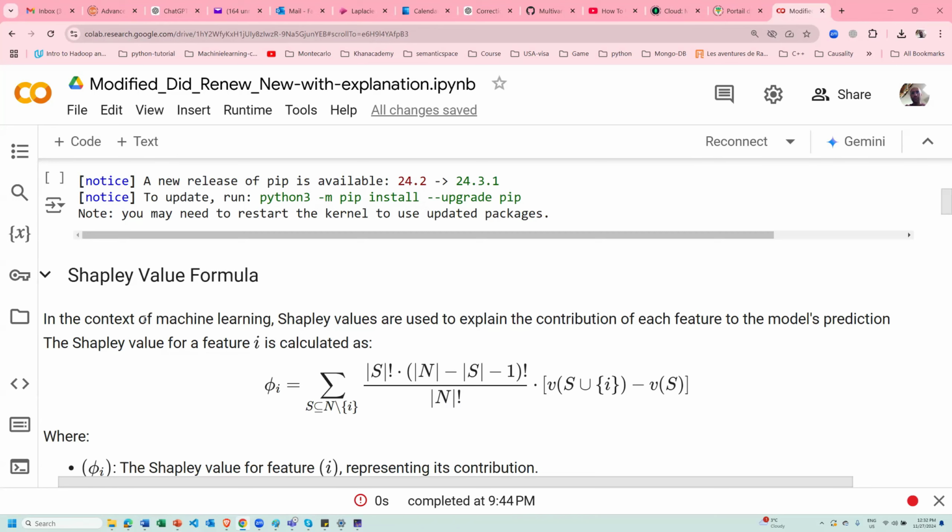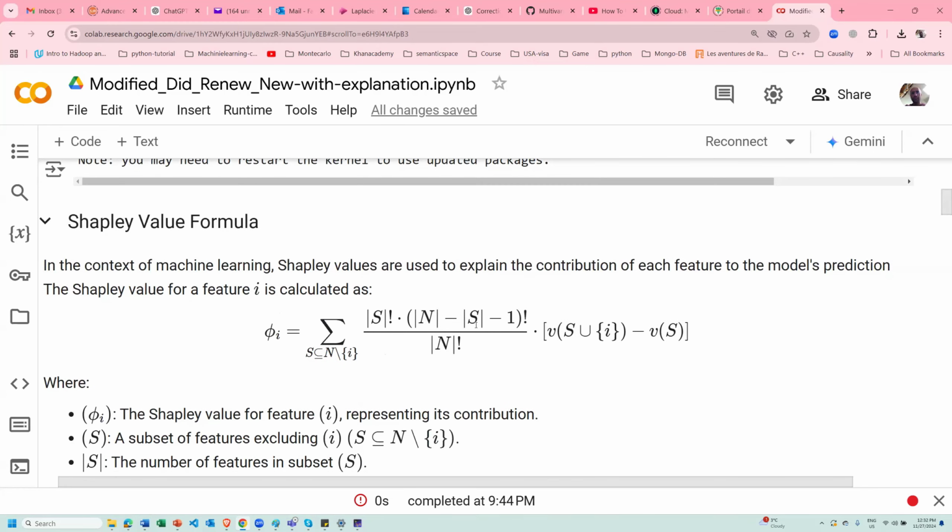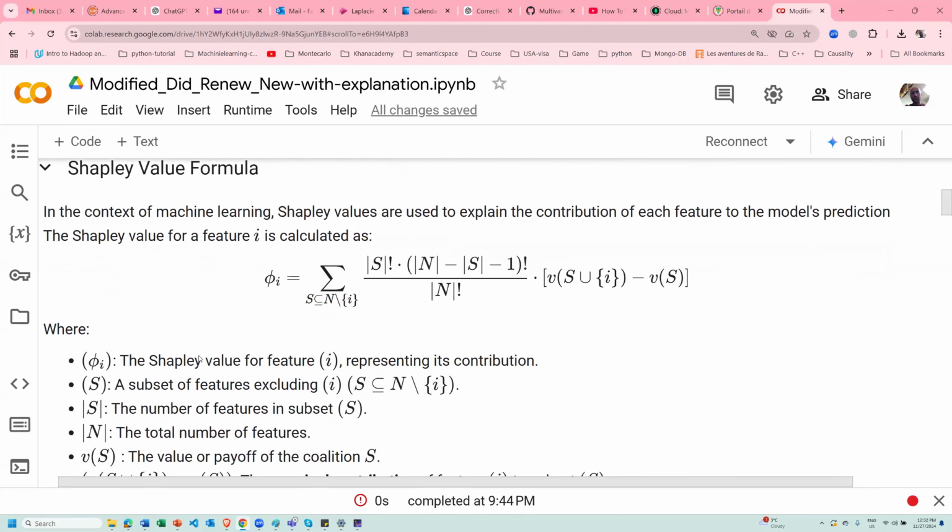But in the context of machine learning, Shapley values are used to explain the contribution of each feature to the model's prediction. The formula here is the Shapley value of feature i. S here is a subset of features, excluding the i, as you can see this backslash is excluding the i.